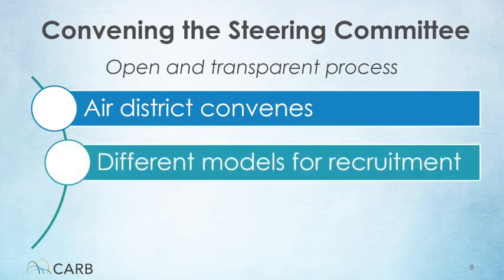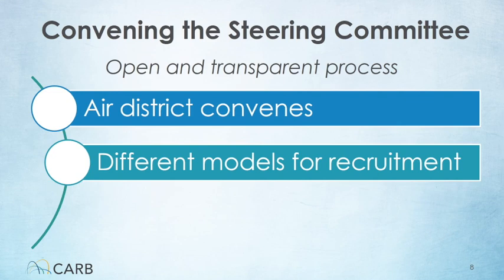For example, some communities use a co-lead structure where a community group partnered with the air district to reach out directly to potential steering committee members and share responsibilities for hosting the meetings and overseeing the process. In some other cases, the Air District had an open application process where interested community members could apply to participate. The Air District would review these applications to determine eligibility.